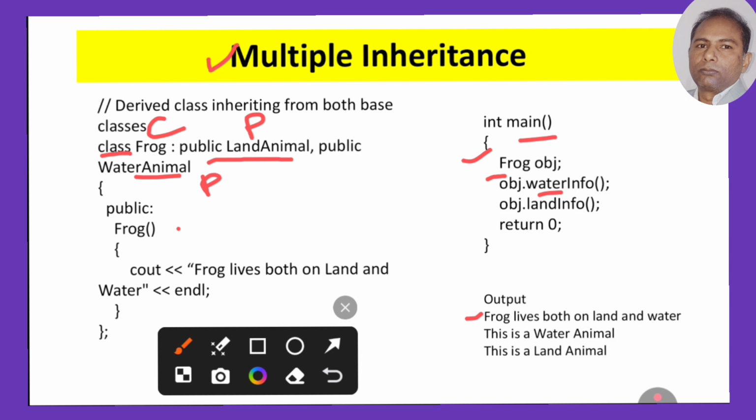And when we write object dot water information, we will have the output: this is the water animal. And when we write object dot land info, we will have the output: this is land animal. So like this we are deriving the characteristics from the two parent classes. If there is more than one parent class, then this is the example of multiple inheritance.